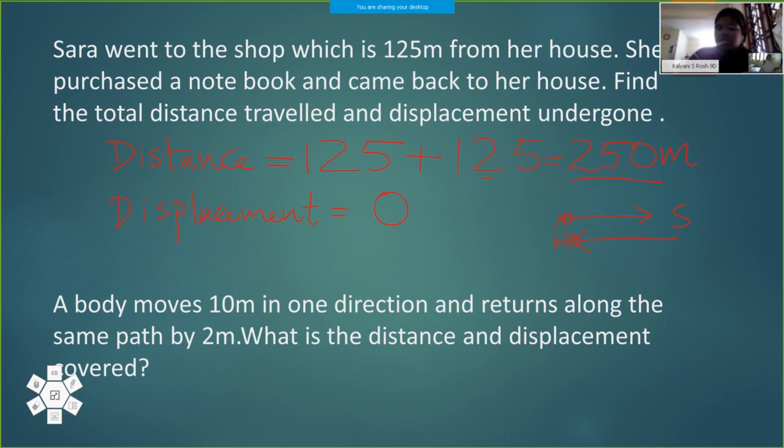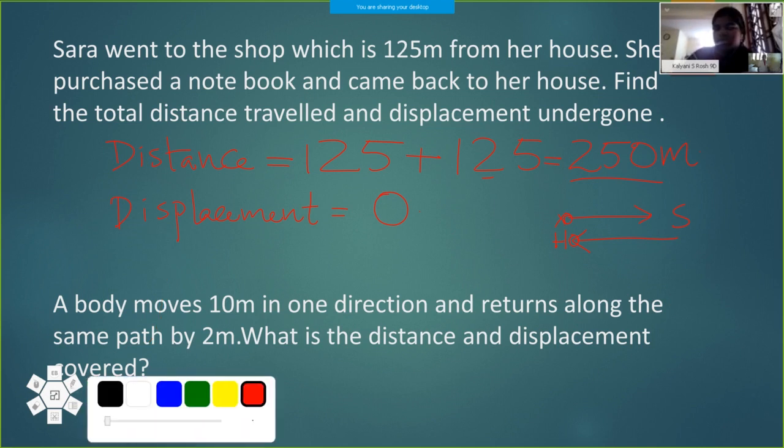Let us move to the second numerical. Here, a body moves 10 meters in one direction and returns along the same path by 2 meters. What is the distance and displacement covered? Read the question once again.